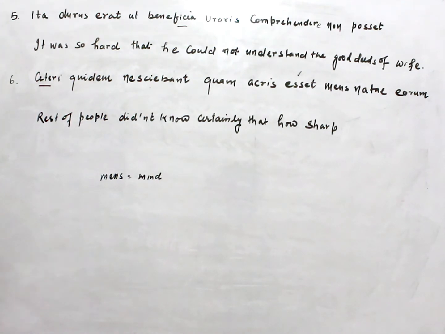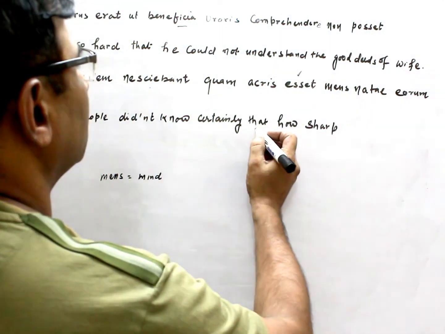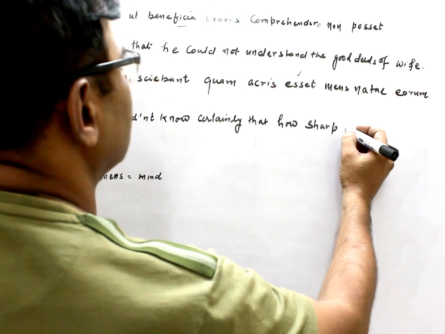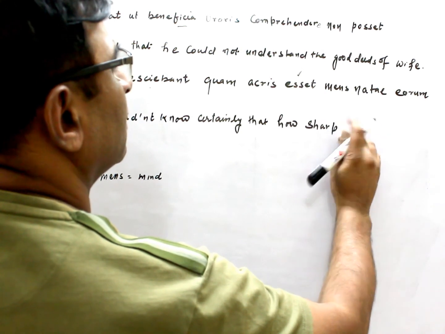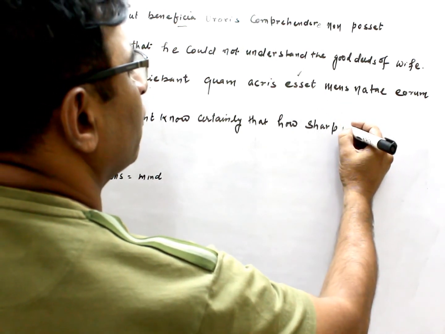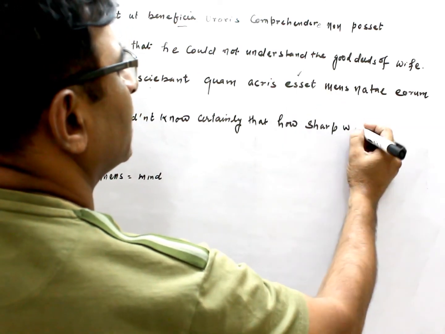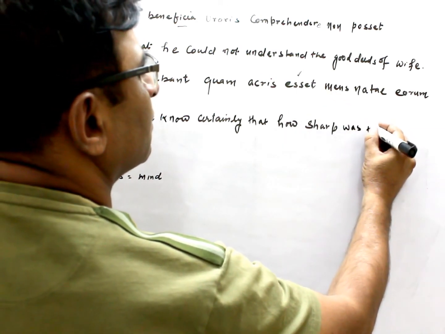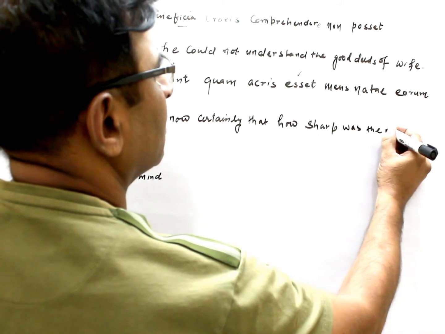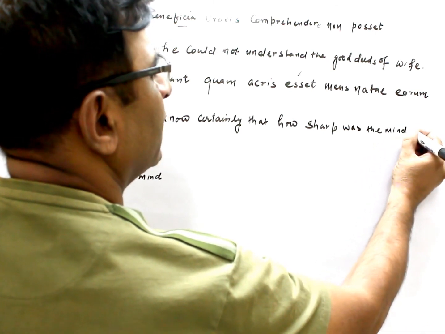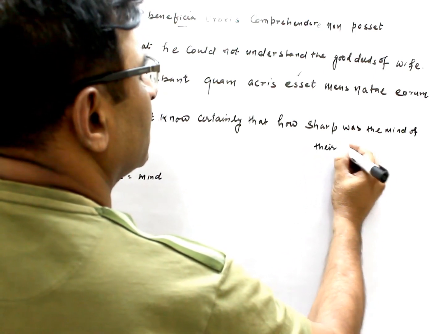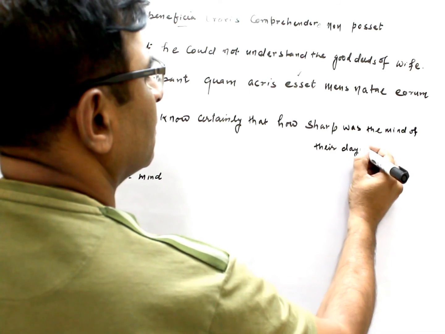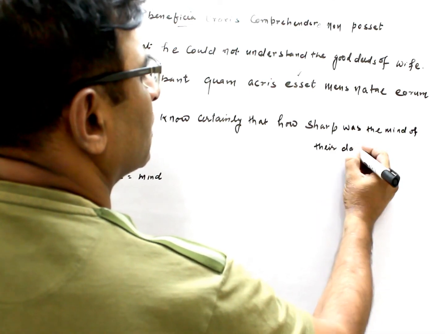So how sharp mind, how sharp mind was the mind of, so ista is, was the mind of, eorum is their daughter.